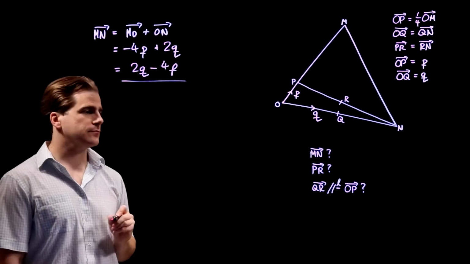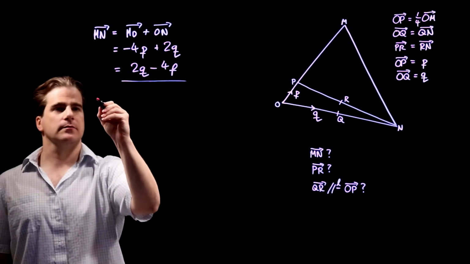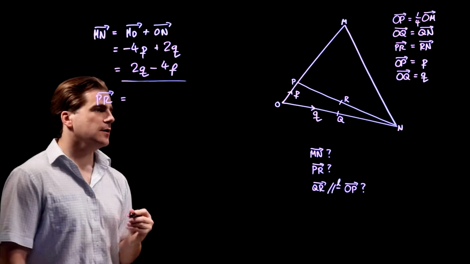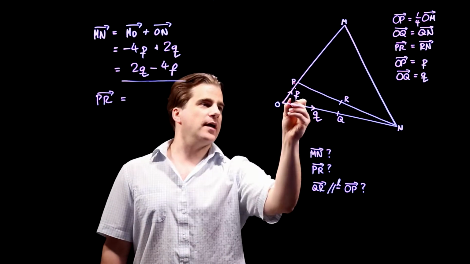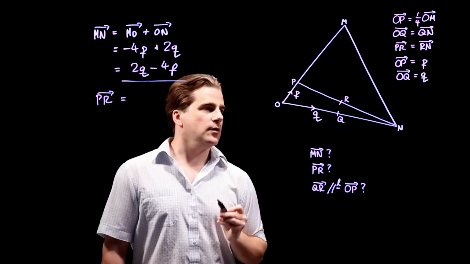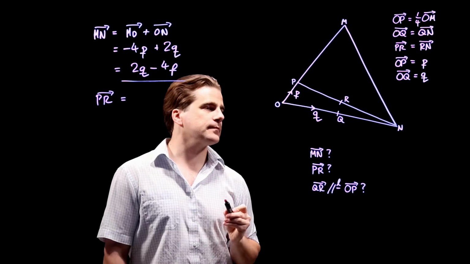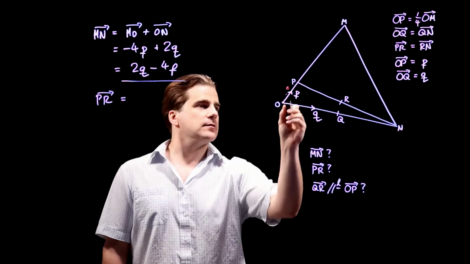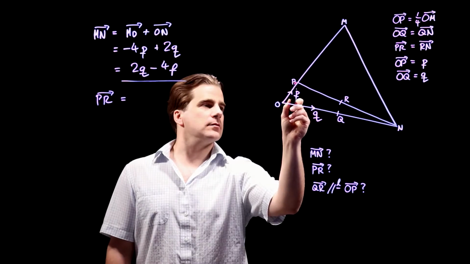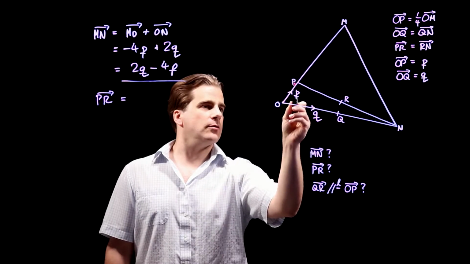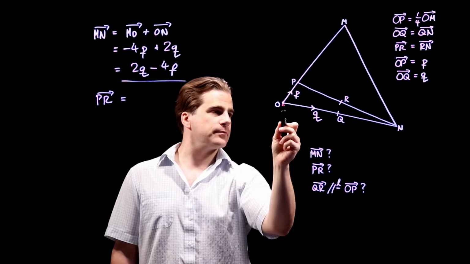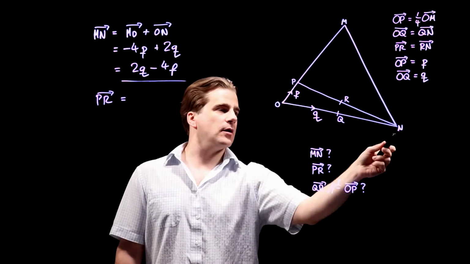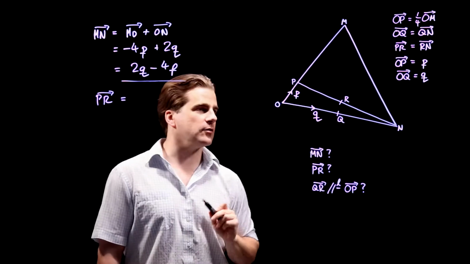Okay. Next, P to R. So, we've got to go from there to there. Well, how are we going to do that? We can go from P to O, and then O to N. No, that's not going to work.